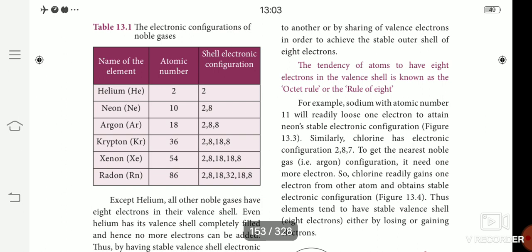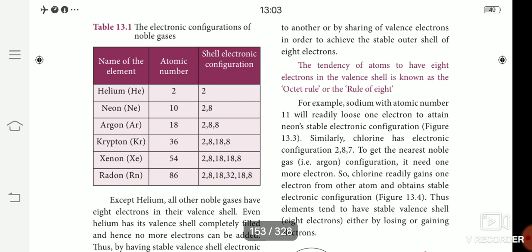This is the stable electronic configuration, by transfer of valence electrons from one atom to another, or by sharing of valence electrons. The presence of 8 electrons in the outer shell makes it stable. If the outer shell does not have 8 electrons, the shell is unstable. This is the concept of the Kossel-Lewis approach in chemical bonding.